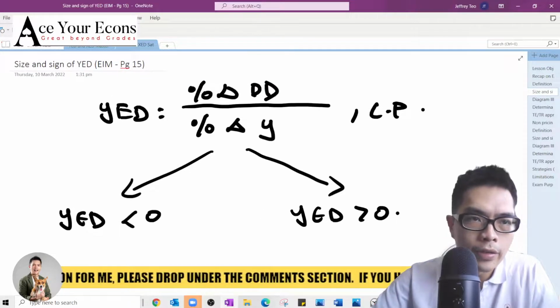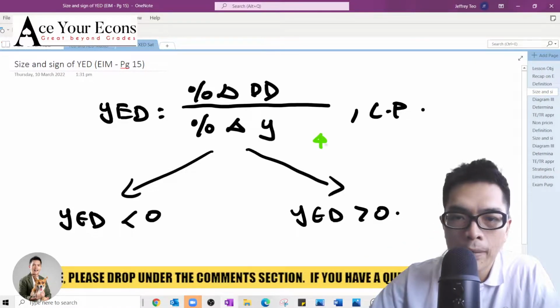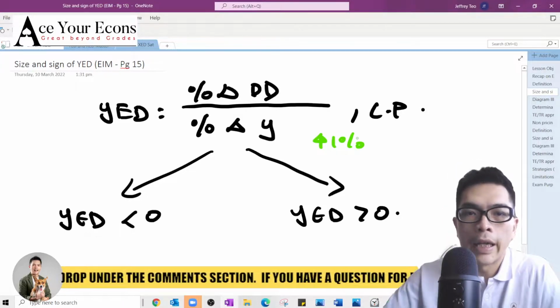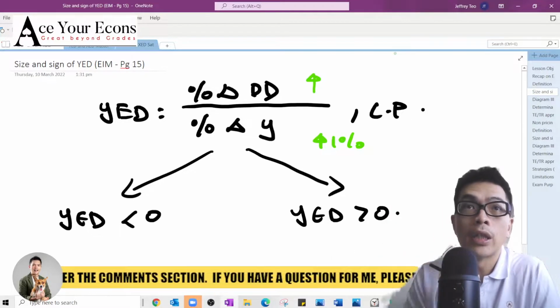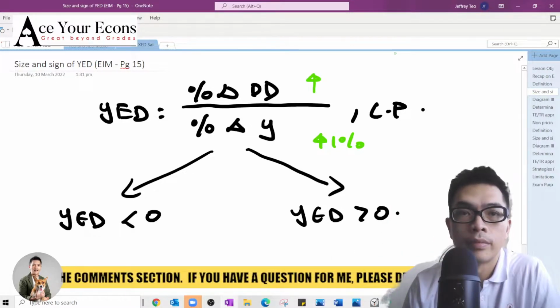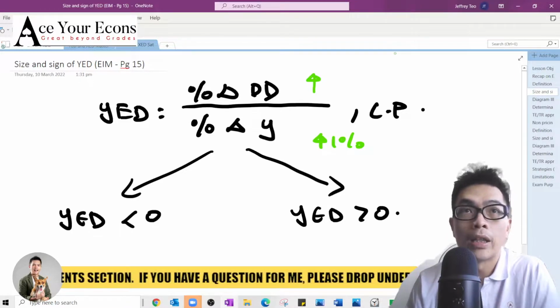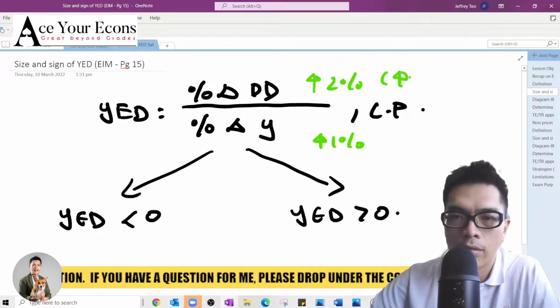So for instance, when there is a 1% rise in household income, and your demand goes in the same direction, would it be greater or smaller than 0? Regardless of the magnitude, it could be 2%, it could be 0.5%, whatever.